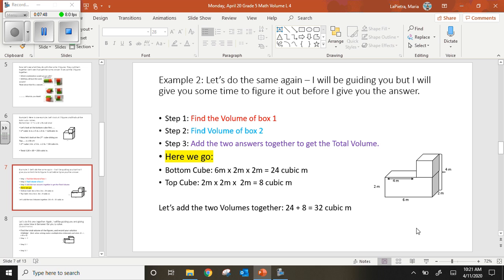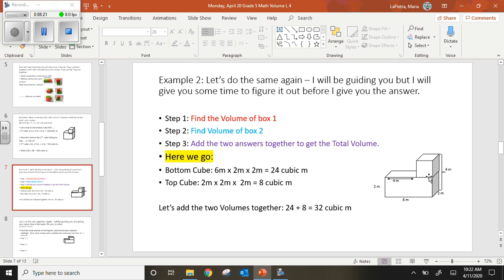This one's a little trickier because if you look at the box here, they're not giving you the length right here. They're giving you the length of the rest of the other box. So if I have a total length down here and I have some of the length up there, if I subtract, 6 minus 4, I will get 2 for the length of the front face of this box.